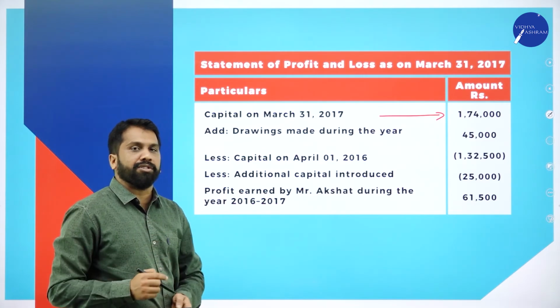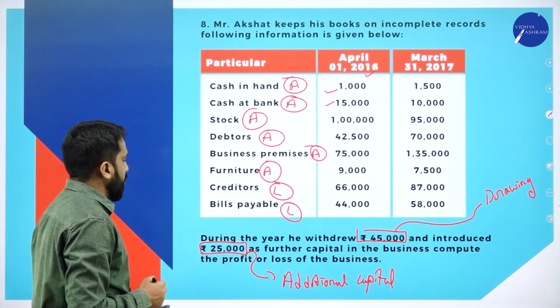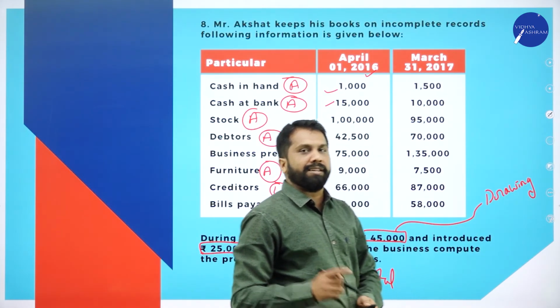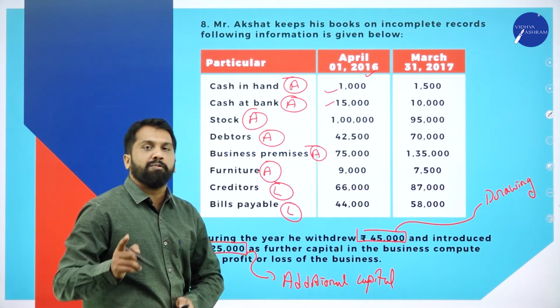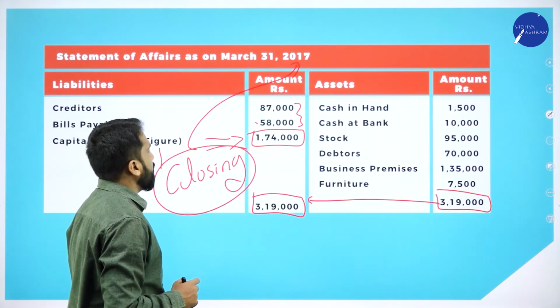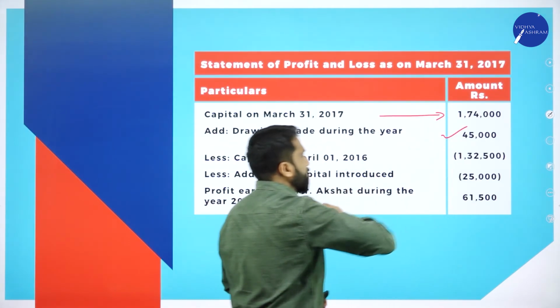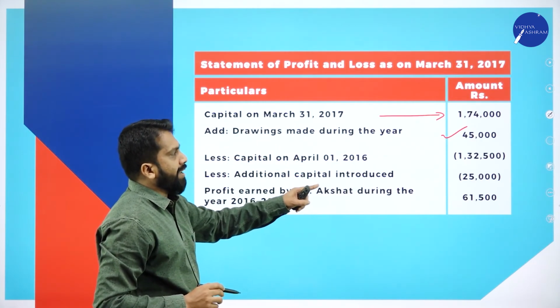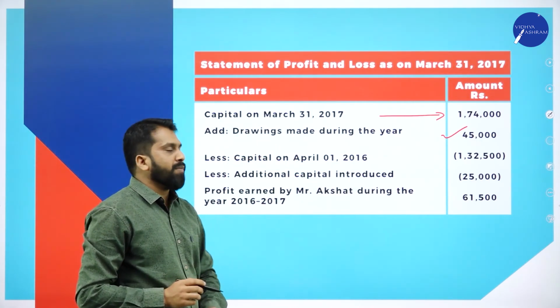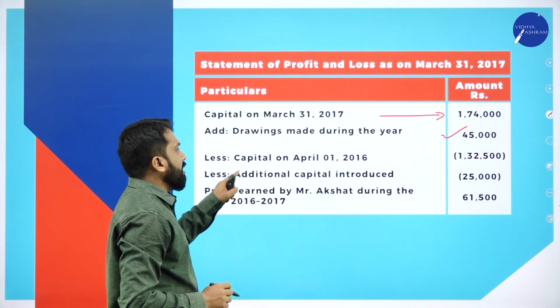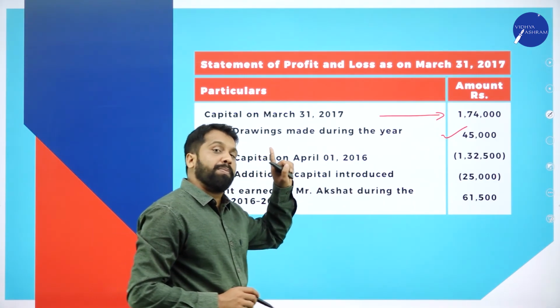Your drawing is 45,000. The same 45,000 we have considered. Your drawing amount is 45,000. 174 and 45 you got. Now, once it is done, we have to go for what? Capital as on opening.